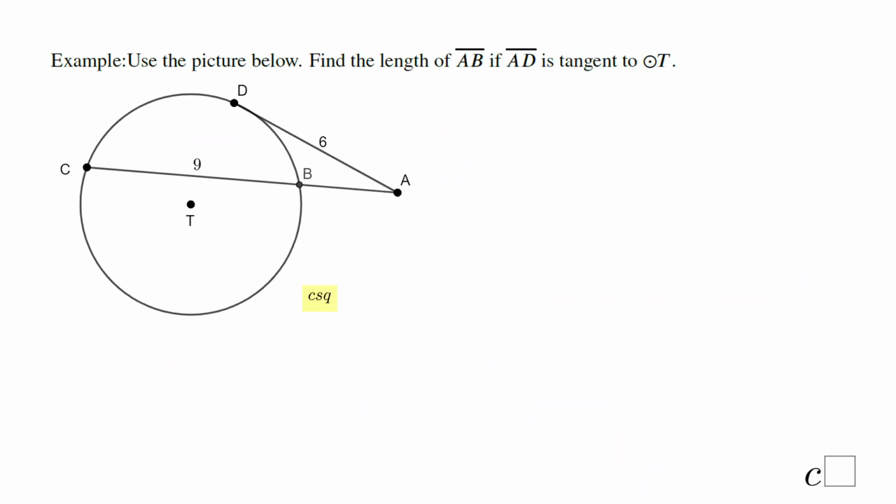And one last problem in this lesson is this one. If you remember, we have this special case that I would suggest you to remember. We need to find the length of AB, this one, if AD is tangent to the circle T, and we notice also we have this BC is 9.